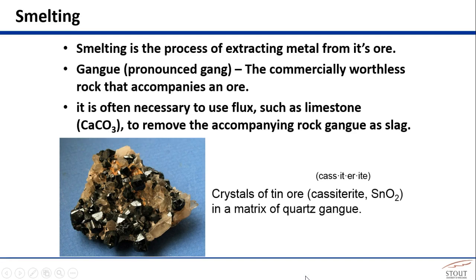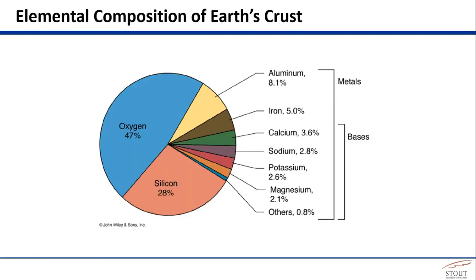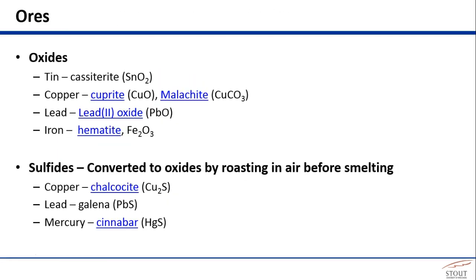So, the gangue versus the ore. Some different oxides: tin, cassiterite; copper, cuprite, malachite. Cuprite, that's the other one that's in that rock. I think the light green is cuprite, the dark green is malachite.